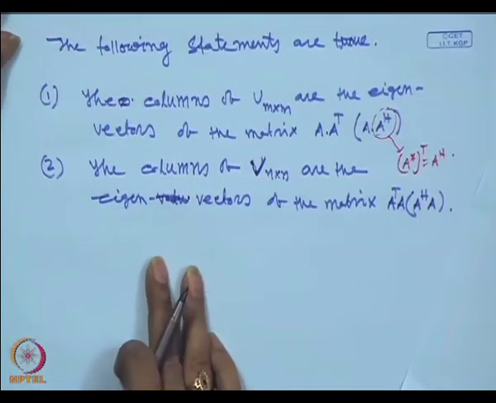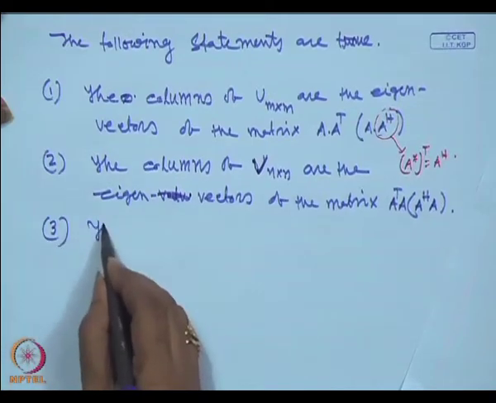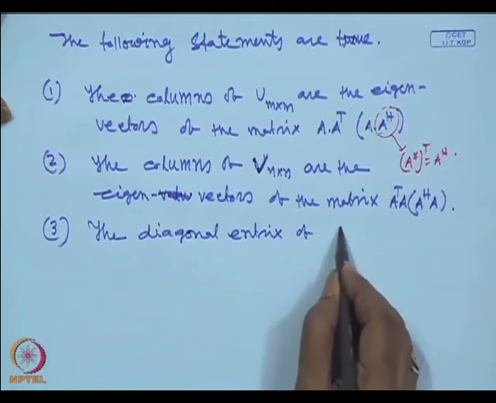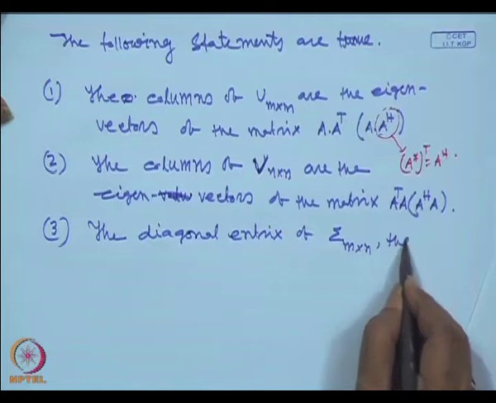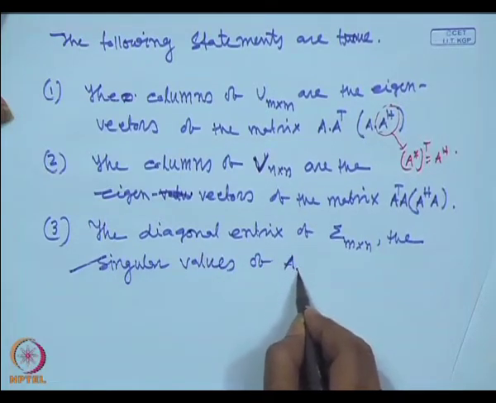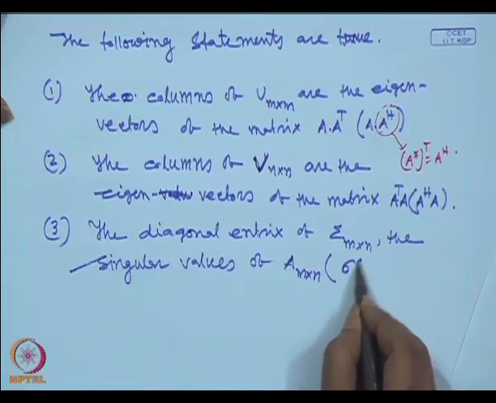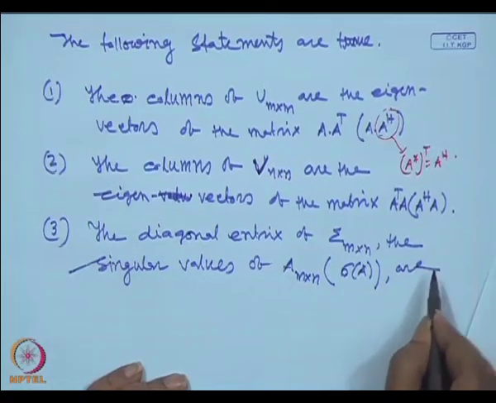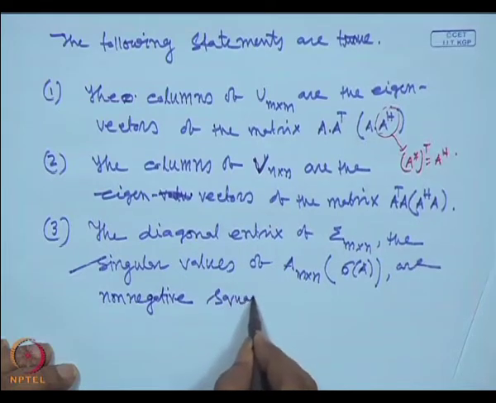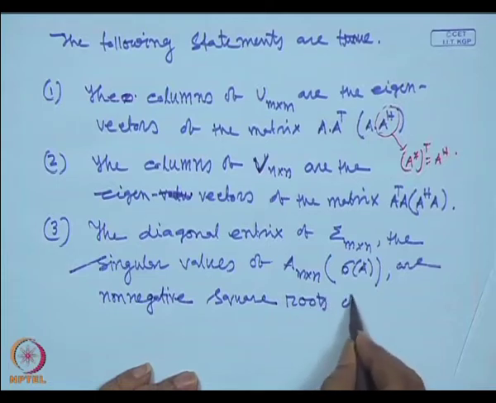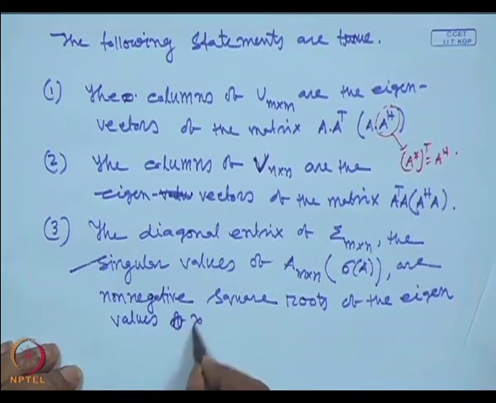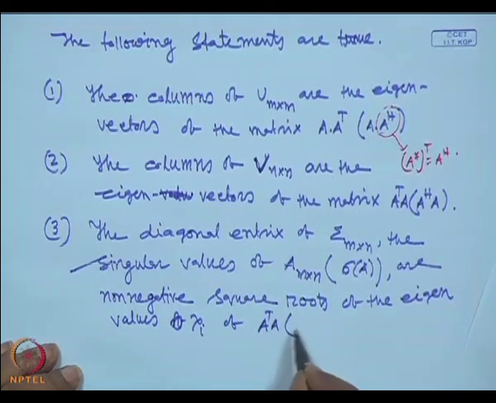Okay. And third is the diagonal entries of sigma, m cross n, the singular values of A, m cross n, denoted by sigma(A), are the non-negative square roots of the eigenvalues lambda_i of A transpose A, or A^H A for complex.